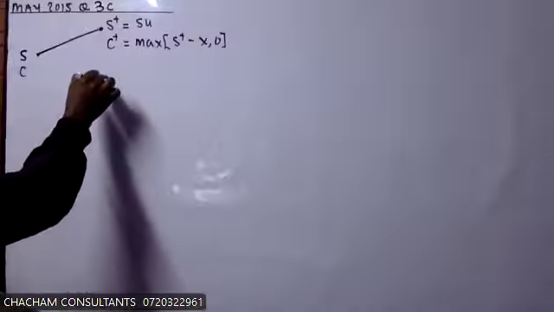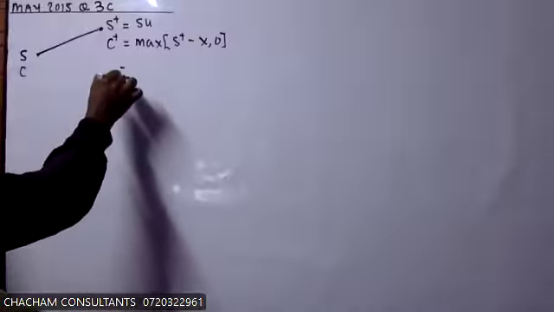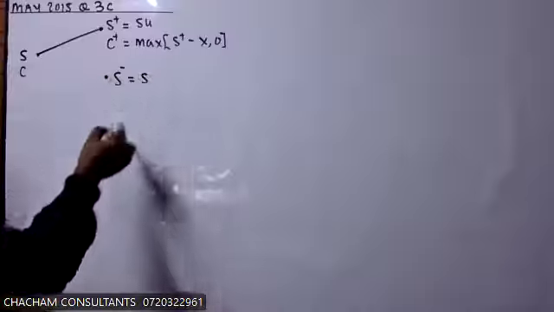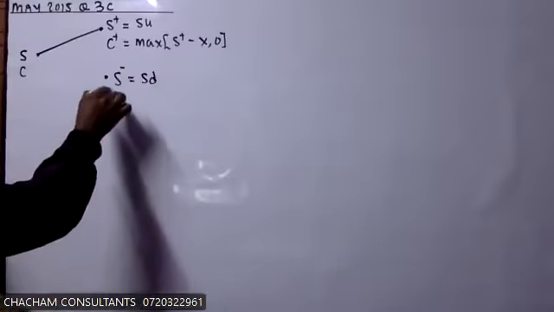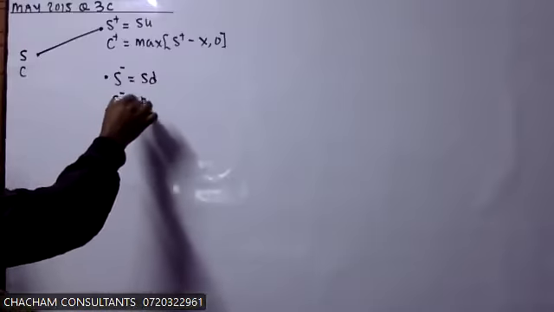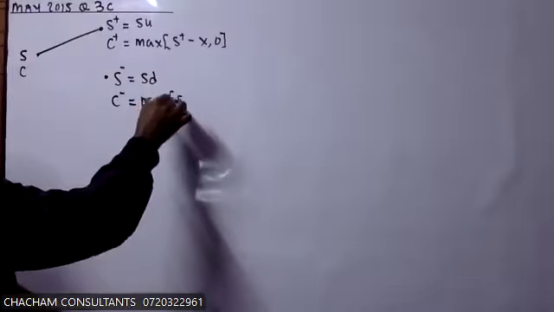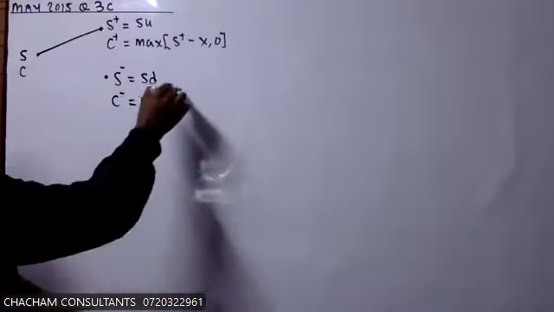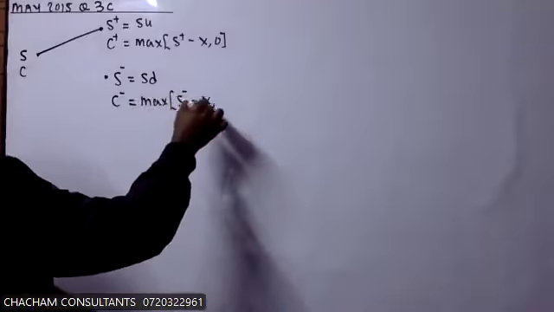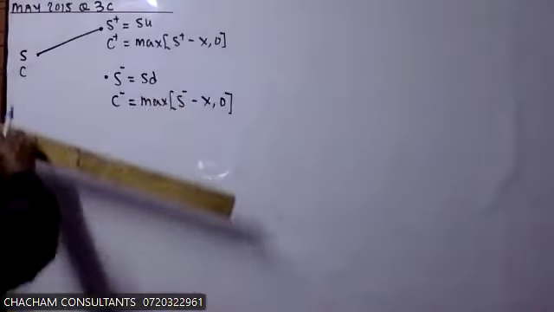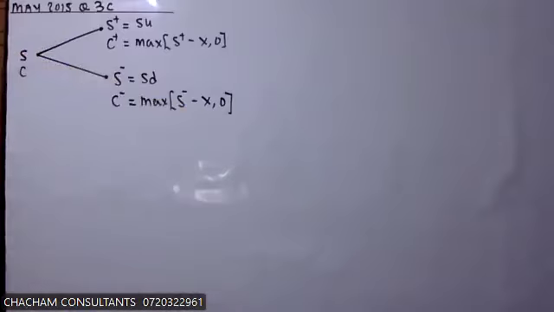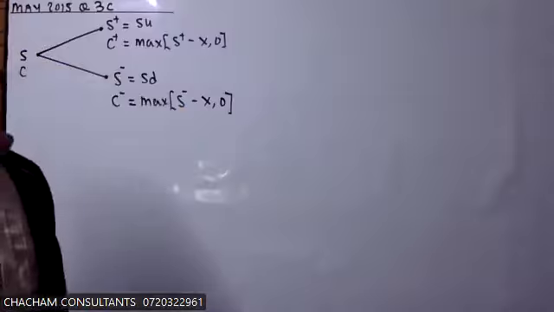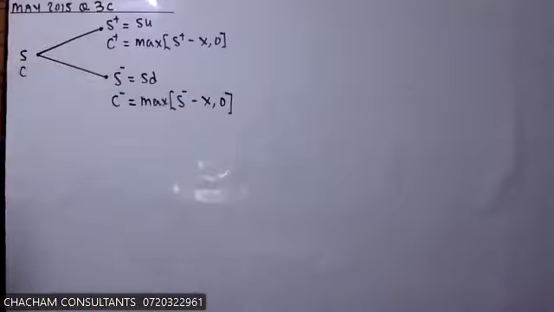Then we have the S down, which will be given as S current, multiplied by the down factor. The C down, which will be given as the max of the S down minus the exercise price. So now, if you are using it as a call, it will look like that.